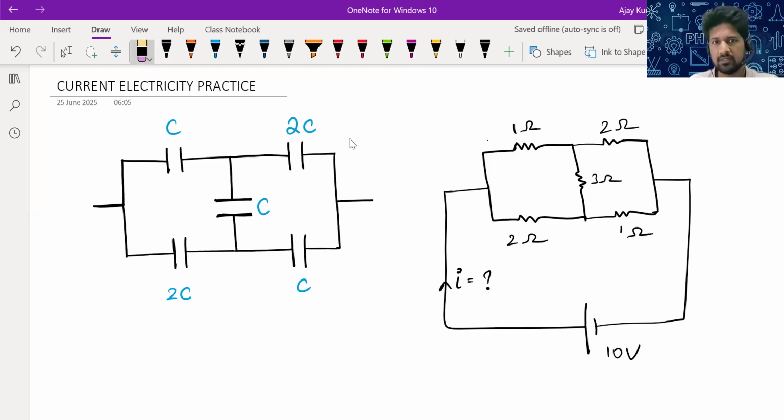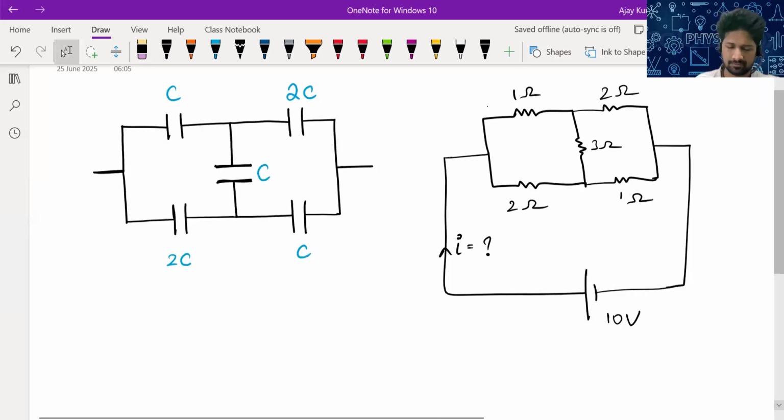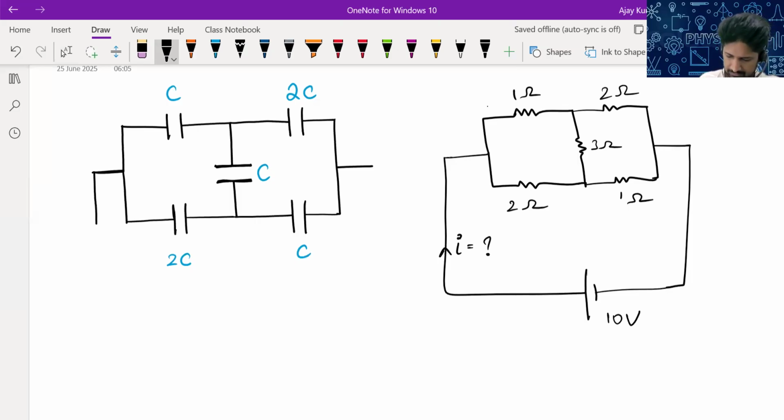You do the same here also. You are given the capacitances, but you see that it's an unbalanced Wheatstone bridge of capacitors. So what you now have to do is assume it is connected to a cell. You can assign any EMF to the cell.